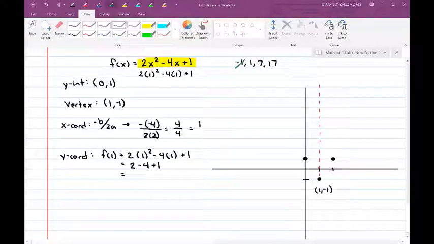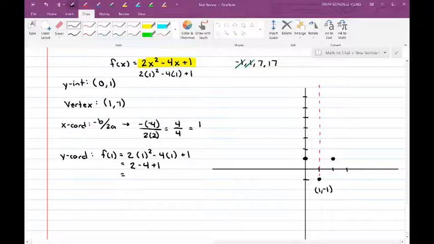I already used these two, right? So what would be my next point? Over how many? Over 3 and up what? 7. So 1, 2, 3, 4, 5, 6, 7. And I can find that same point.